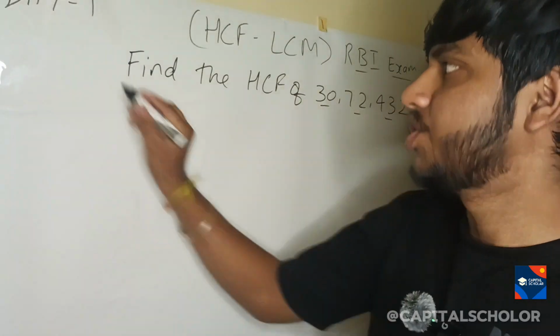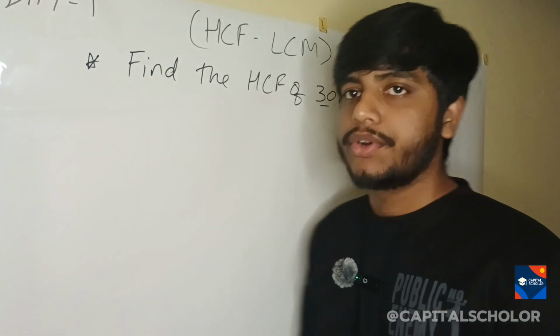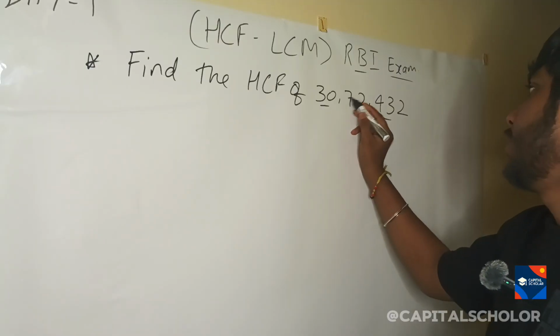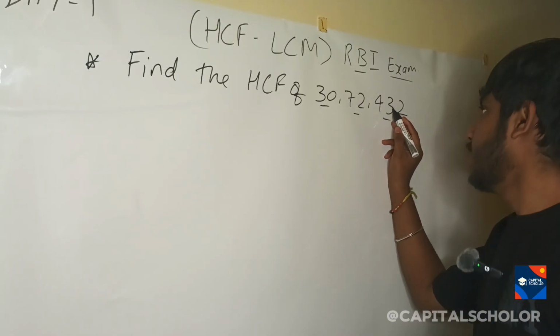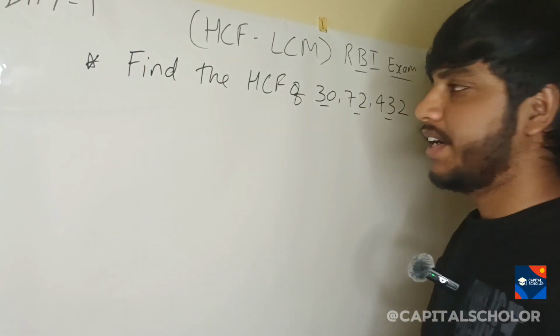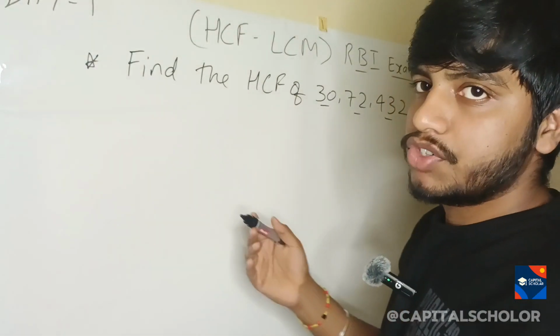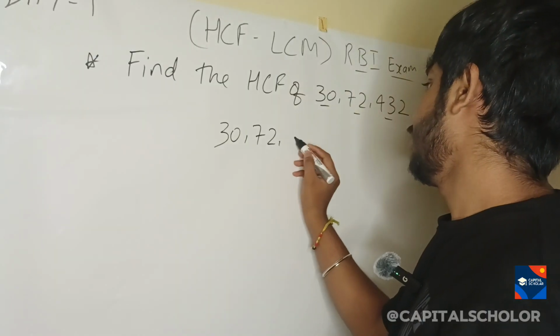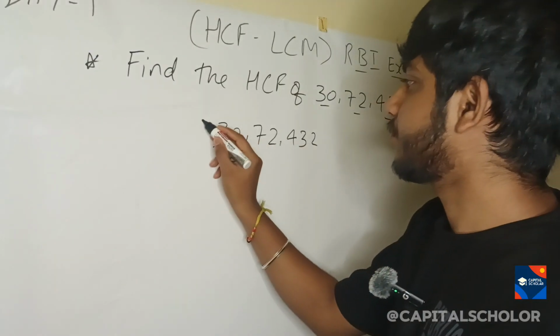Okay guys, in this question we are going to find the HCF of 30, 72 and 432. How are we going to find this? Same as the previous question: 30, 72, 432.